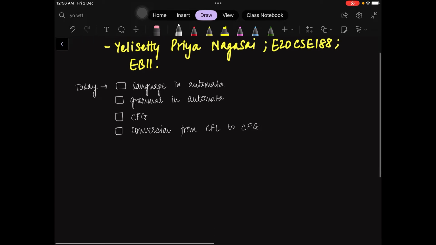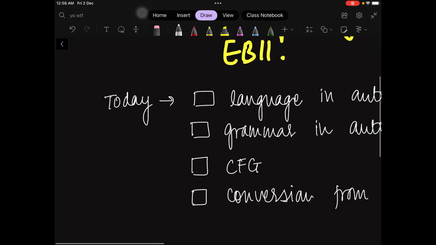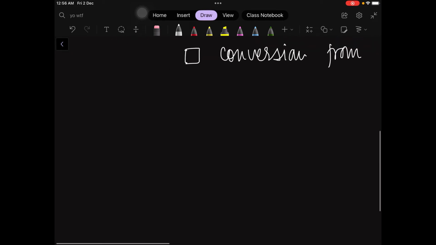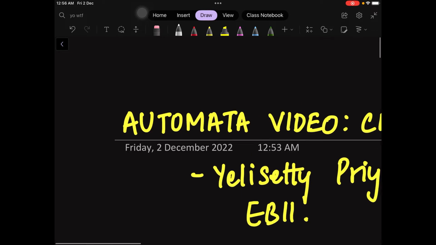So, let's start. First, let us go through the different kinds of languages that are present in automata, as we already saw. The one in the middle is called regular grammar.